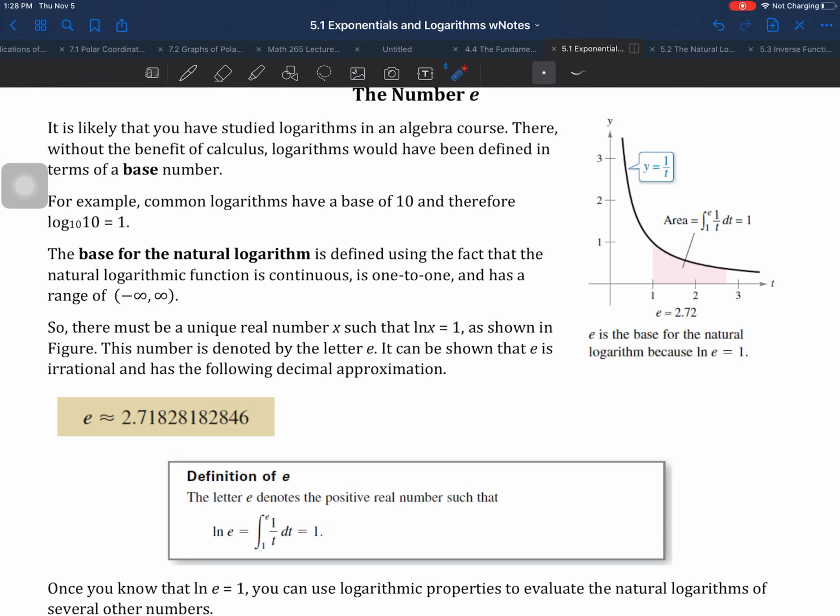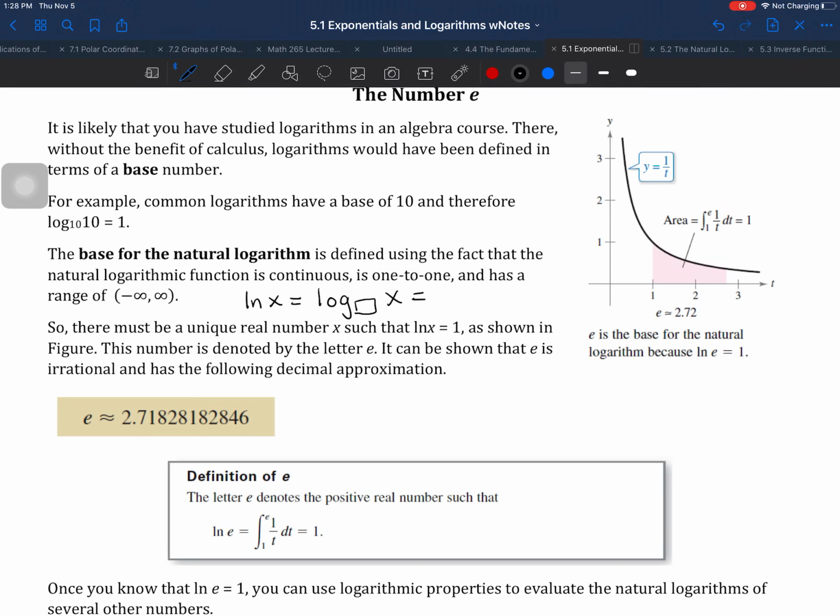So there must be a unique real number x such that the natural log of x equals 1, as shown in the figure. Now, I want to remind you that this natural log of x is also a logarithm of some base. So the question is, what is going to be this base?